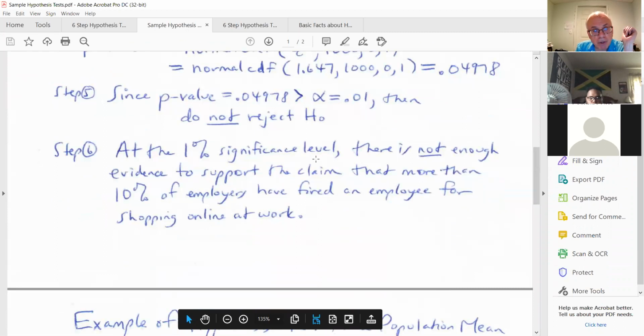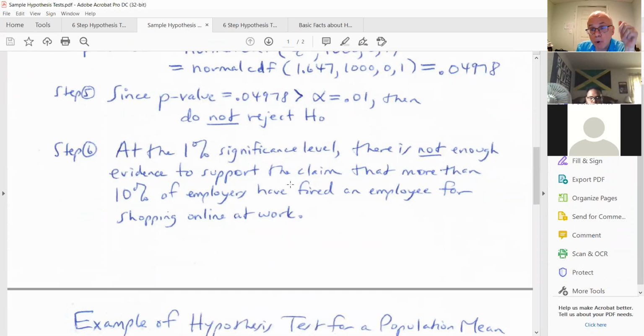At the 1% significance level, that's our alpha, there is not enough evidence to support the claim. Now, I'm using the word support the alternative, as opposed to saying rejecting the null. Support the alternative and rejecting the null mean the same thing. There's not enough evidence to support the claim that more than 10% of the employers have fired an employee for shopping online. That's what it's saying.